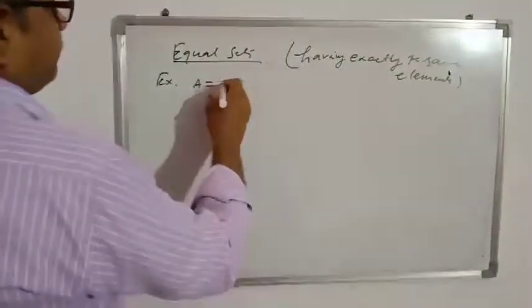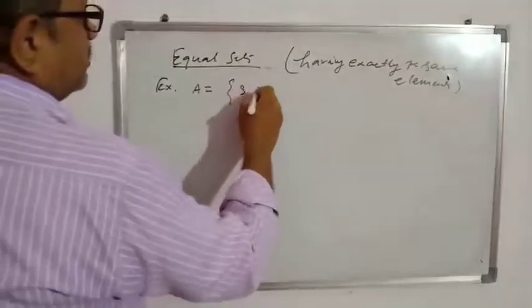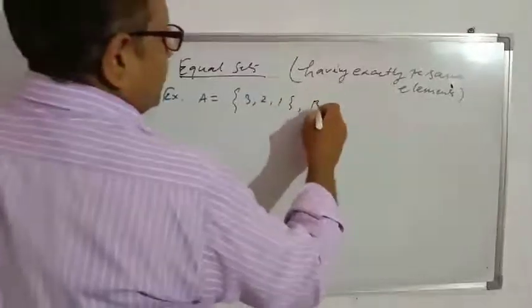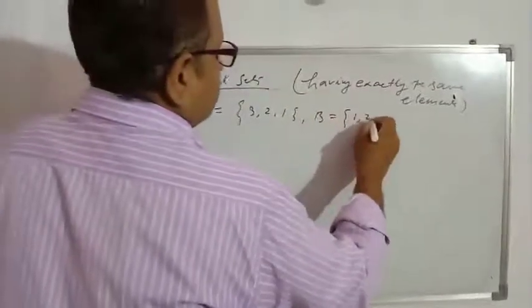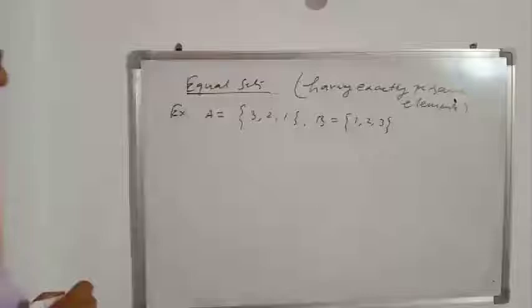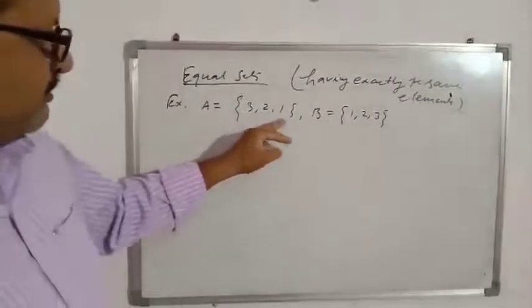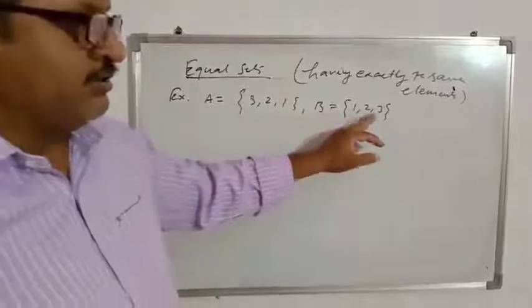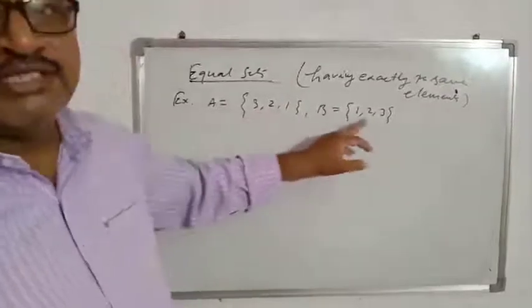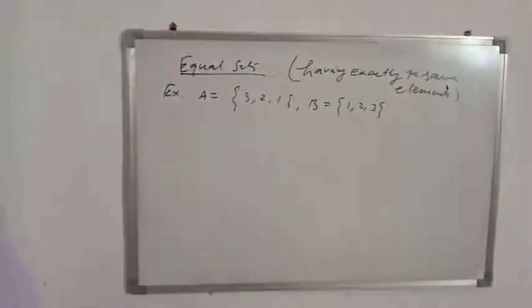Suppose set A is 3, 2, 1. Next set B is 1, 2, 3. We see that elements of set A are 3, 2 and 1, and elements of set B are 1, 2, 3. Both sets have exactly the same elements.